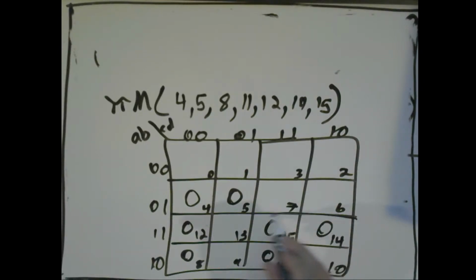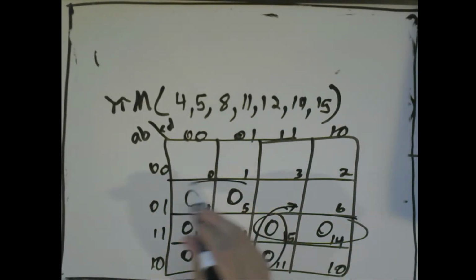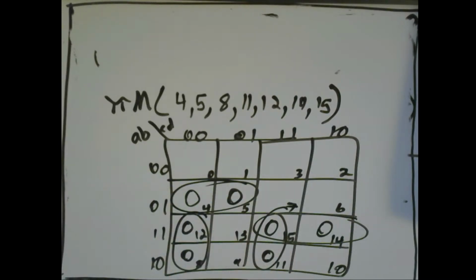So I can do this one and this one and this one and this one. So I've got my prime implicants. Now I can convert these to an equation.